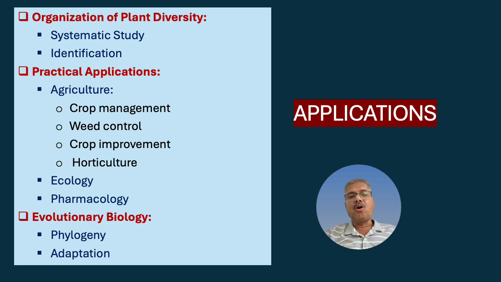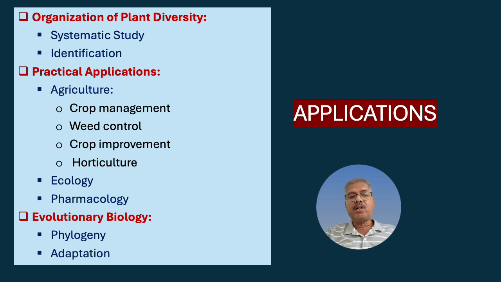Plant communities are often characterized by the dominance of either monocots or dicots. This knowledge is essential for understanding ecosystem dynamics, conservation efforts, and restoration projects. Many medicinal plants are dicots. Knowing their classification helps in identification and studying their properties.